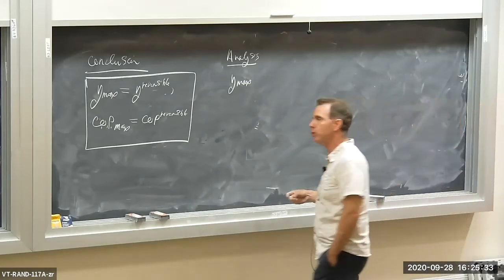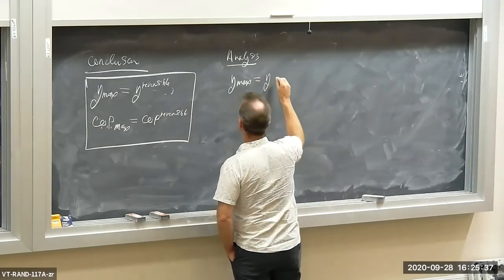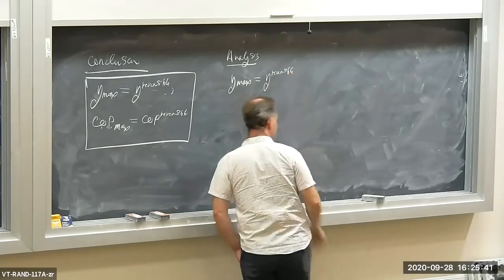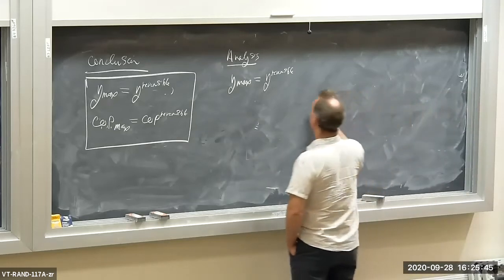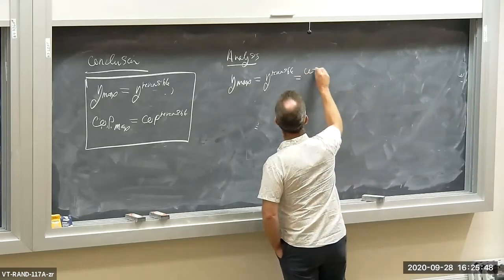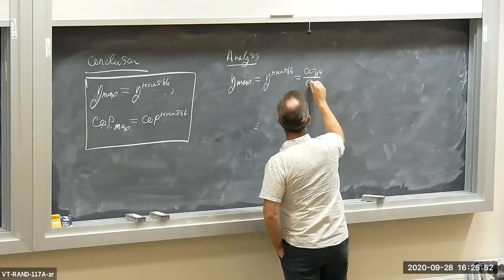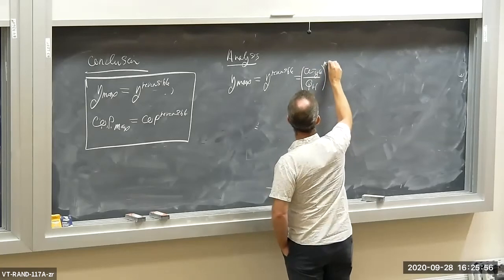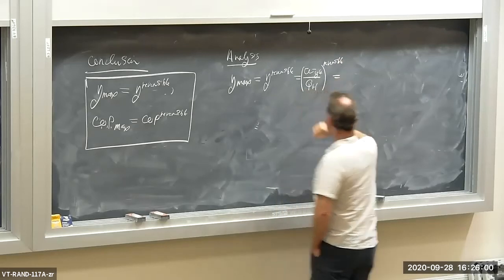That's what we concluded just a moment ago. Eta max is equal to eta reversible. Now, what's the efficiency of my reversible heat engine? Well, from the definition of efficiency, it's the cycle work divided by the heat input, and this is for a reversible heat engine.